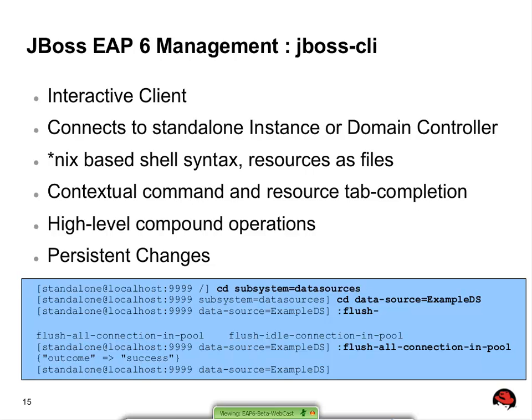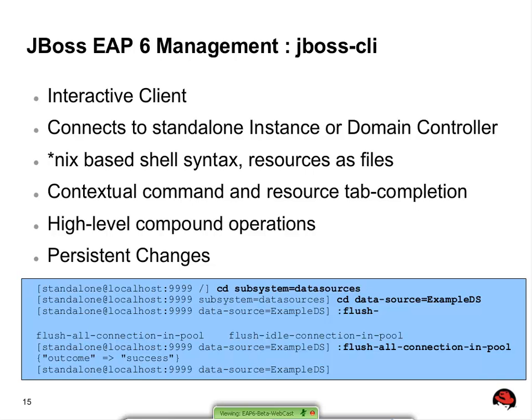It provides access to really every single element of configuration you could imagine, so you can get into the real detail and automate at that level. But it also provides some compound high-level operations, things like creating new resources, rolling out deployments. They're multi-step operations, often multi-step across servers, and they're all transactional and can be rolled back.